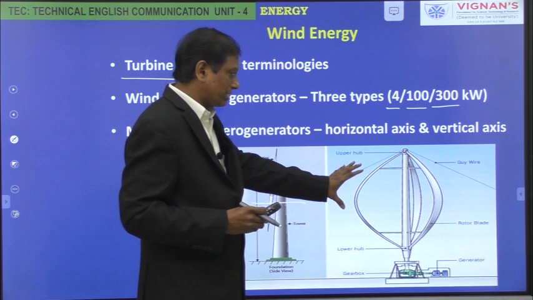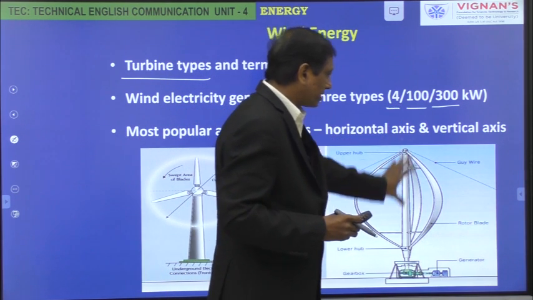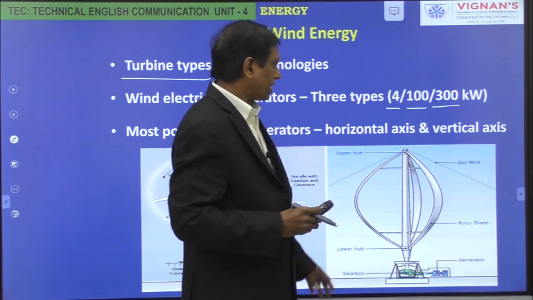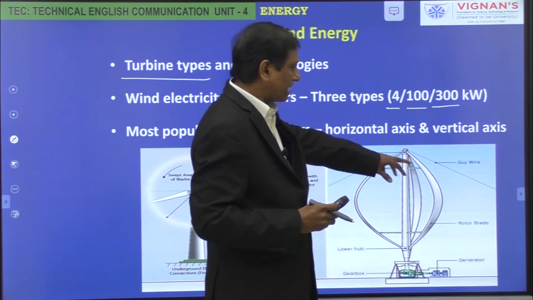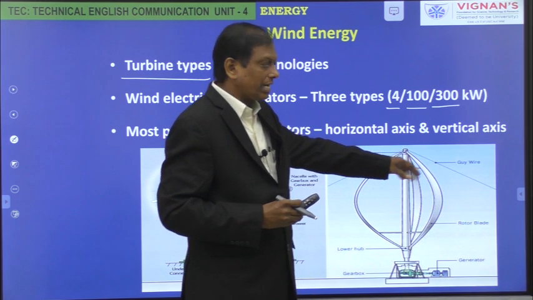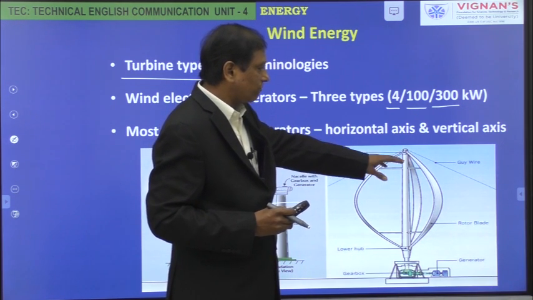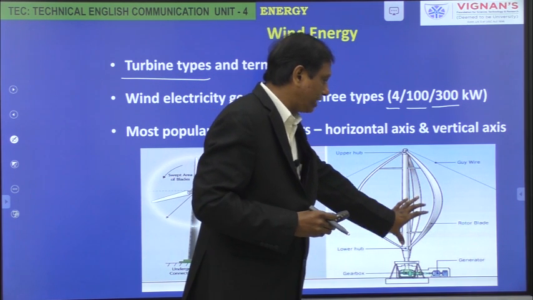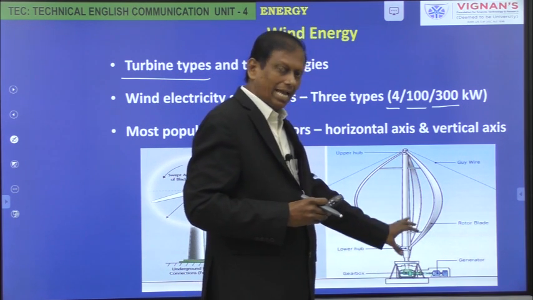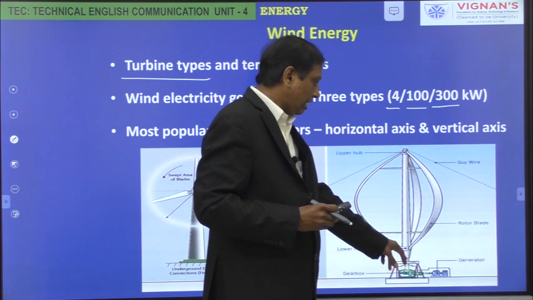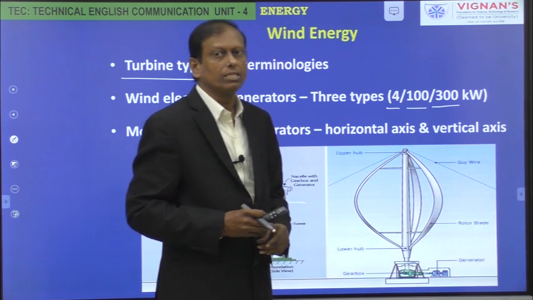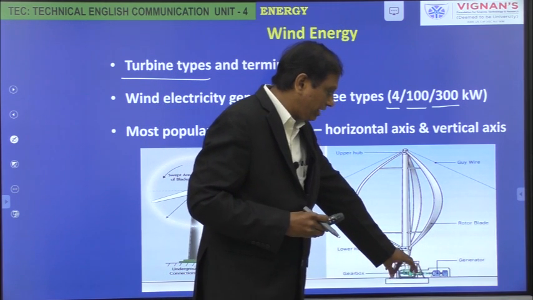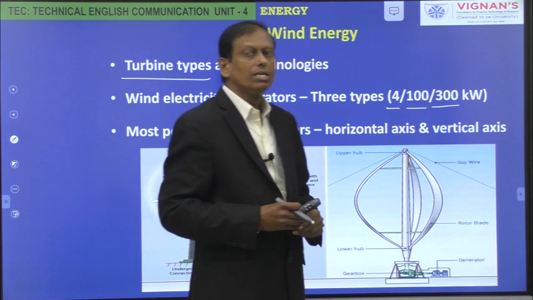Though it is expensive, the vertical axis generator is different. The fans move like blades, and this is a new device. When they rotate through bearings or wheels, the axis is vertical, and that energy is turned into mechanical energy, and these wheels turn and connect to the generator.